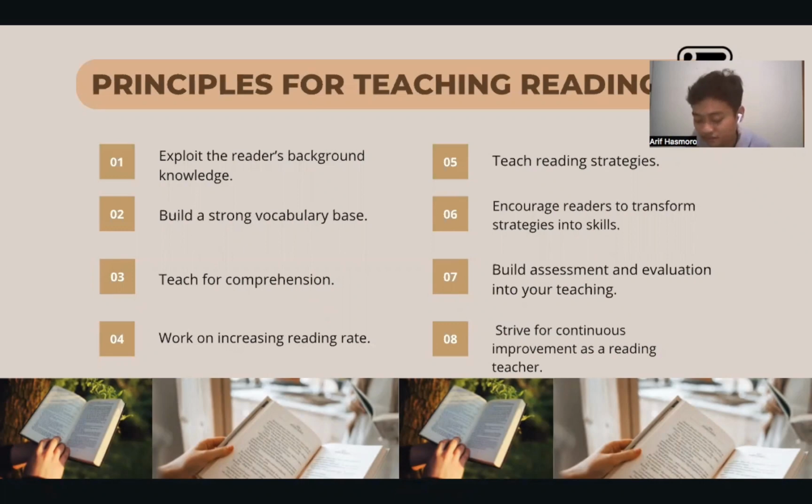In these principles, written that define fluent readers as one who reads a rate of 200 words per minute with at least 70% of the comprehension. So the core is not the fast reading, but also the comprehension.